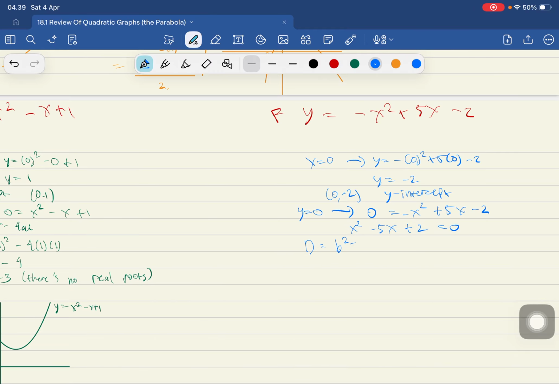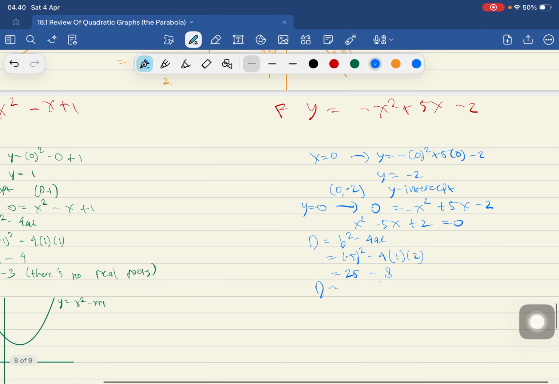So b squared minus 4ac, b is minus 5 squared minus 4 times 1 times 2. So this is 25 minus 8. So the discriminant value is more than 0, so there are real roots. 25 minus 8 is 17.